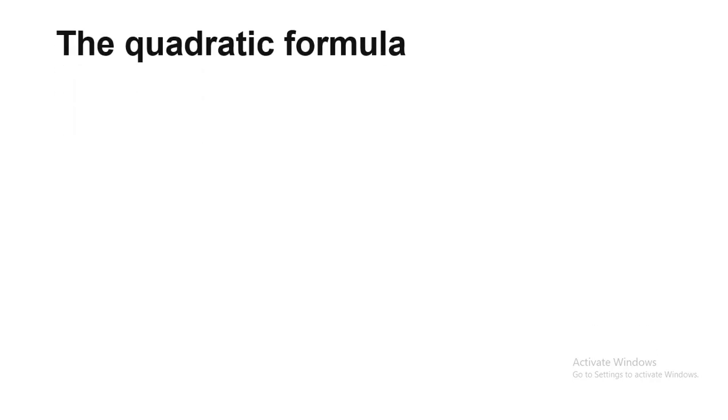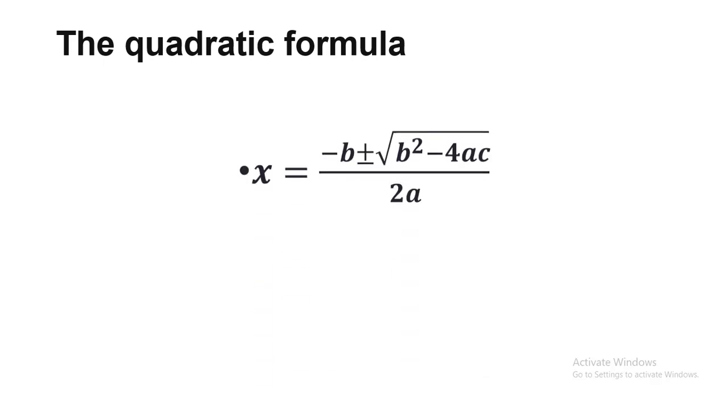First of all, we need to know what exactly the quadratic formula is. This is basically the general formula for a quadratic equation. Since a quadratic equation is an order 2 equation, it has degree 2, so there will be 2 roots. We will be finding the values of x, and there will be 2 roots because the degree of the equation is 2.